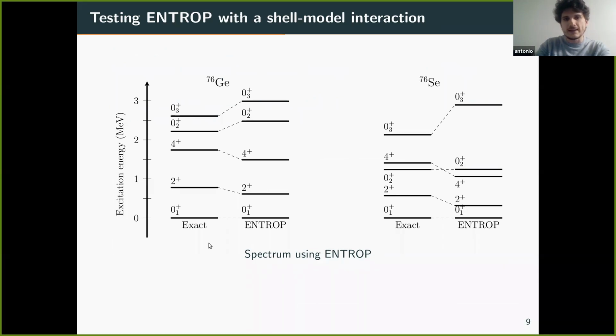And we can see that there is an overall shift here of around 1.5 MeV and 2 MeV here. But still, the distribution of states is quite good, I would say, even for excited states. But then again, we're not really interested in the computation of energies. We're more interested in the nuclear matrix elements.